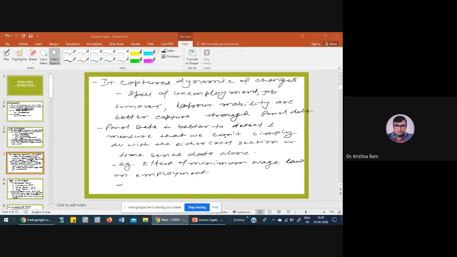For capturing the effect of the minimum wages law on employment, you must have panel data. So these are some of the advantages of panel data.